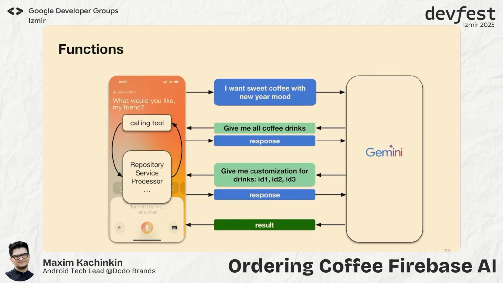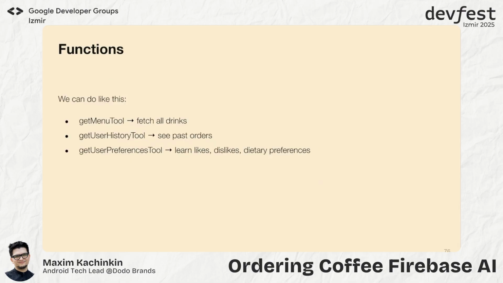Super cool. For example, I want a sweet coffee with the New Year mood, and the model says, give me all coffee drinks, gets a response. Then give me the customization for these specific 1, 2, 3 drinks, gets a response. And then, voila, we get a result.